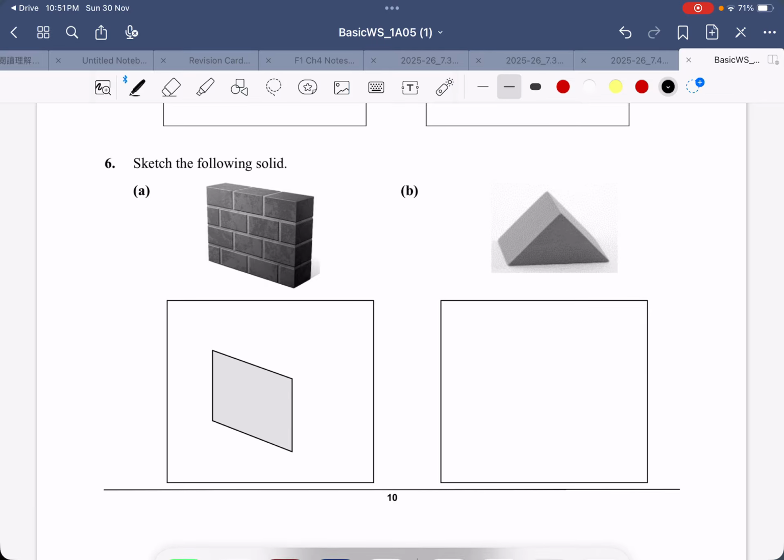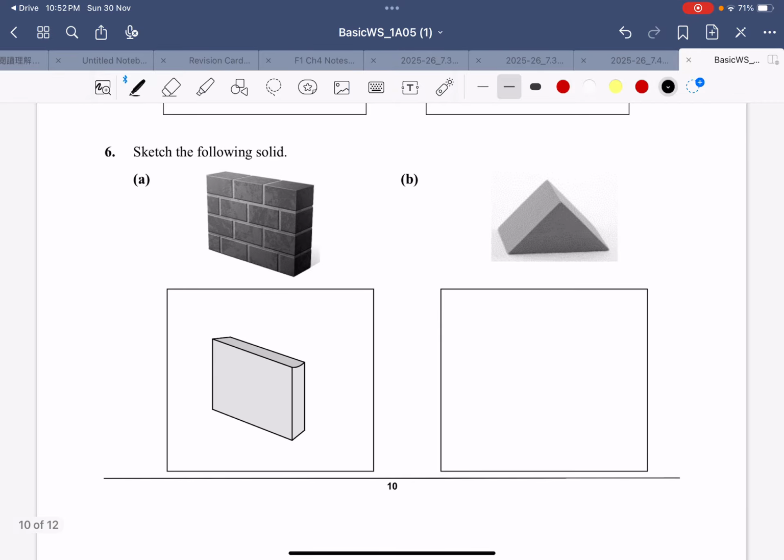Quite good actually. Oh, why is it curved? Of course, you have some dotted line here at the back.